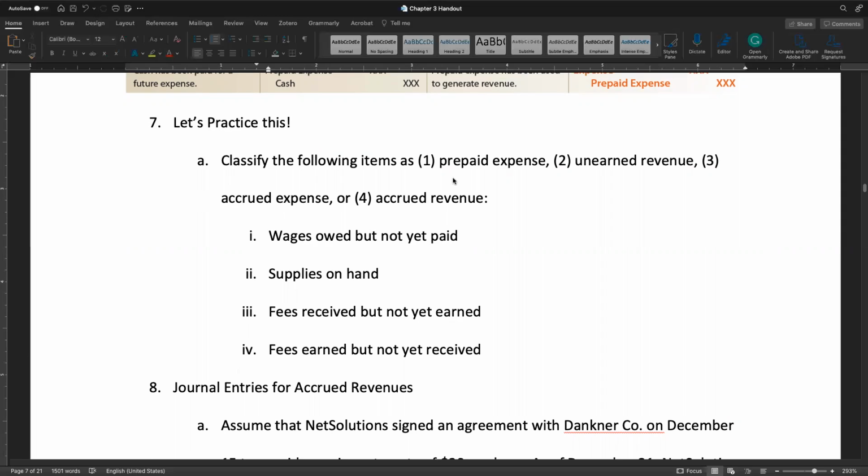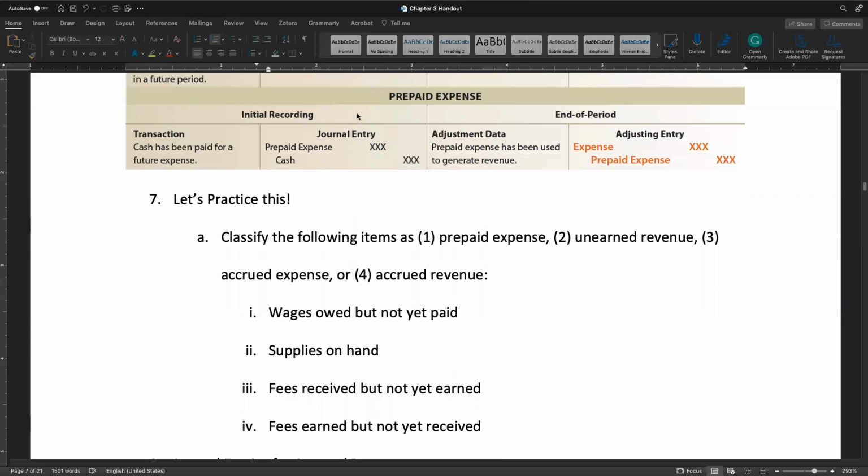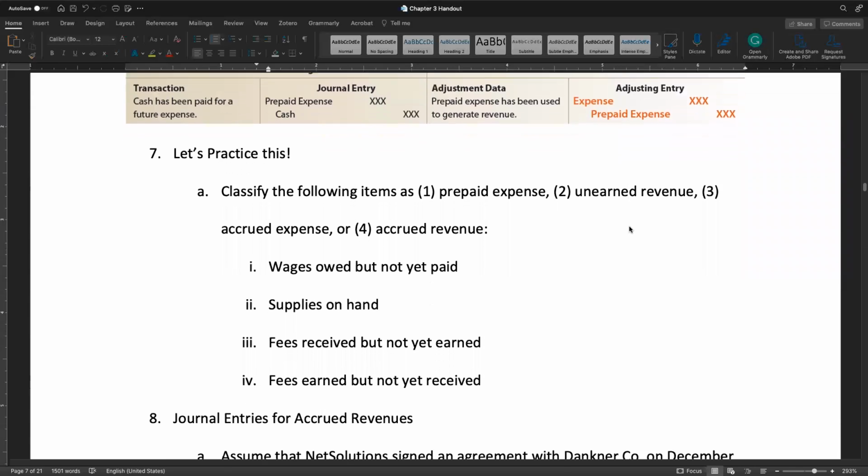And it's important to figure that out because it helps you with the journal entry. If you know that something is a prepaid expense, you can go to the prepaid expense section and get an idea of what the journal entry should look like.